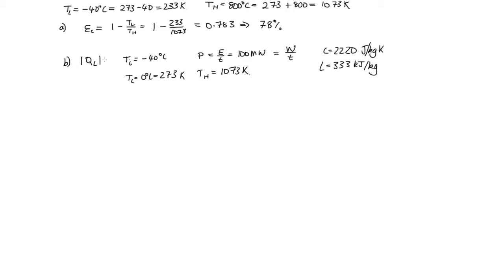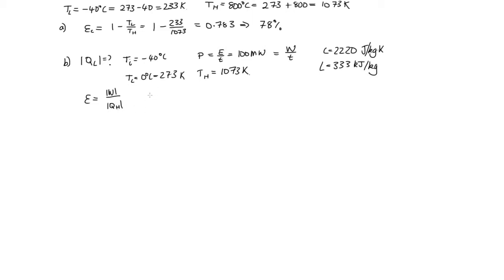Okay, so from reading the question, we knew that we needed to try and find QL, the amount of heat released to the lower reservoir. So one way we can do this is to consider the efficiency. We know that the efficiency of an engine is equal to the work it does over the heat it absorbs from the high temperature reservoir.